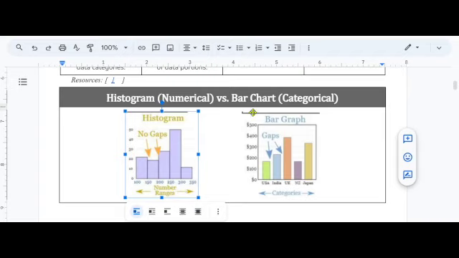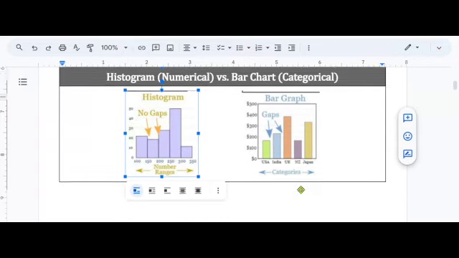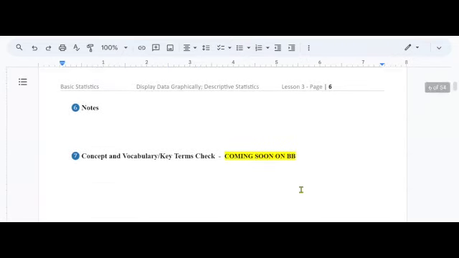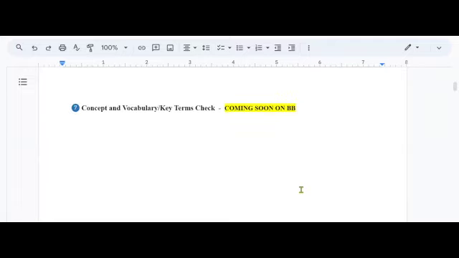In categorical, we have gaps between each bar, and the x-axis is considered categorical, which means names. Sometimes number or date, it's okay. That's the difference between the two types of graphs, histogram and bar chart.